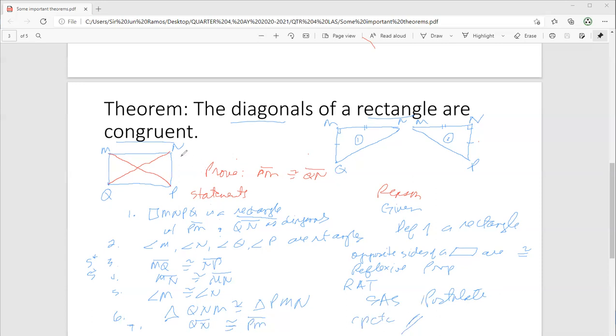Or restating it, we have the quadrilateral MNPQ with QN and MP, the diagonals. We want to prove that they are congruent. And we always have to start with the given: quadrilateral MNPQ is a rectangle.